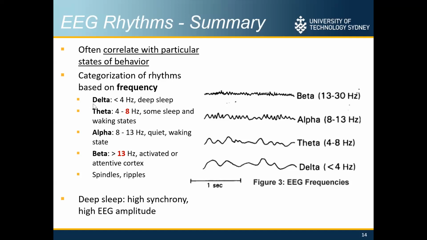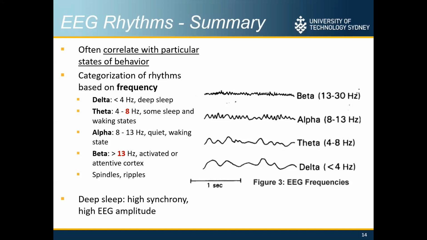As you can see on this slide, delta is characterized by wave deflections of about 4 hertz, so it's the slower wave here. Theta is about 4 to 8 hertz, so it's slower than both alpha and beta, but faster than delta.